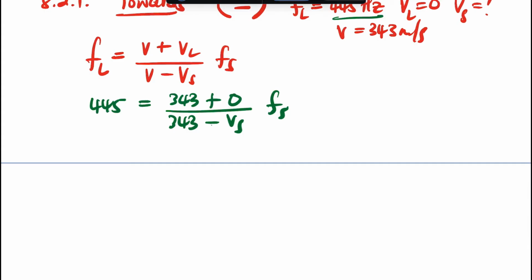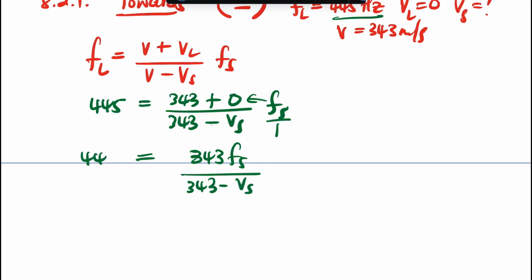So I'm going to make fs the subject of the formula, to make my life easy. This and this will be 343 fs, and the denominator remains the same.